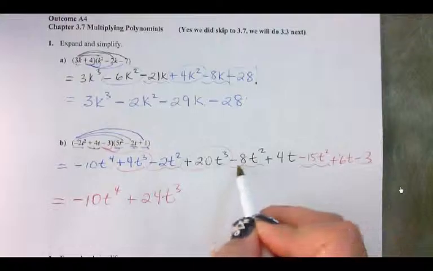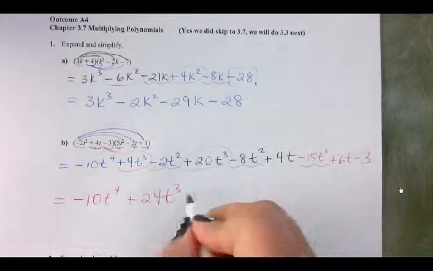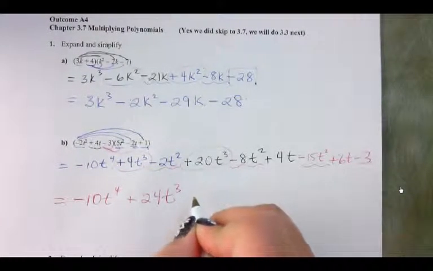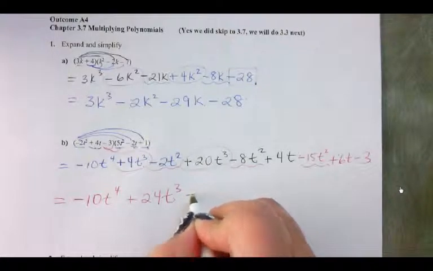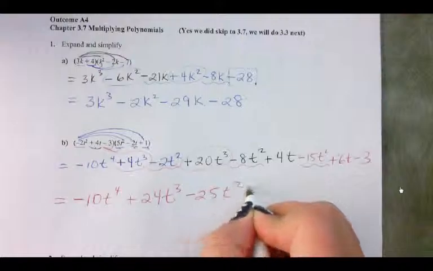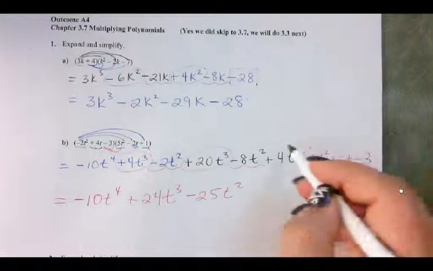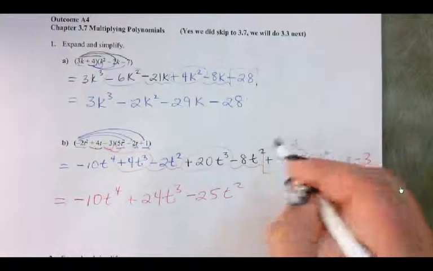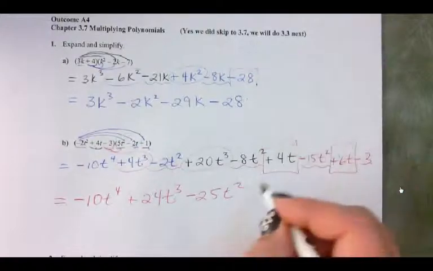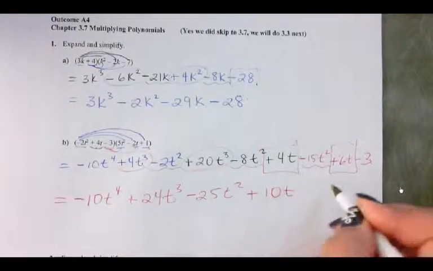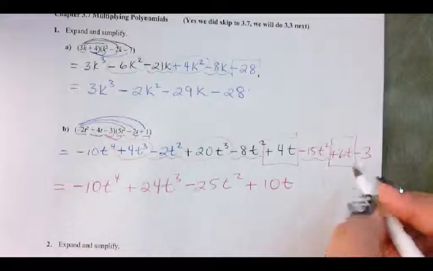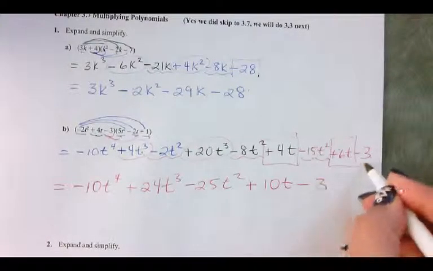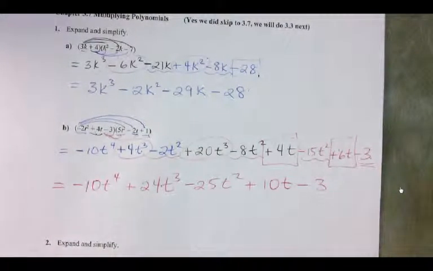So negative 2, negative 8, and negative 15. So that's minus 25. And then my t's, right here, that's 10. And then my constant, which is right here. All right, so now I can't combine them any further, right? It's all together.